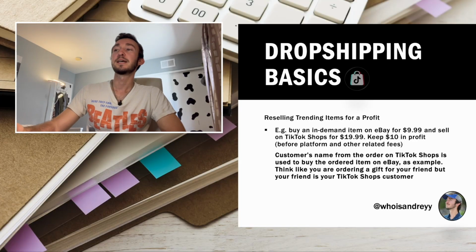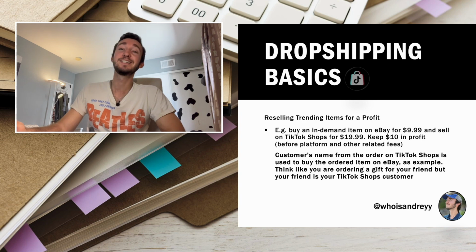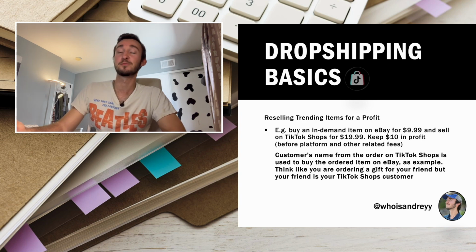Okay, next, dropshipping basics. So expert gurus, expert dropshippers, you can just skip this slide right here and go to the next one. But for those of you who are brand new, dropshipping, again, it's mostly reselling trending items for a profit. Okay, you don't hold any inventory, you just reorder it from your supplier.